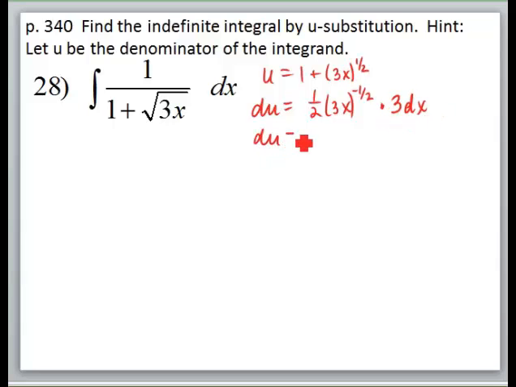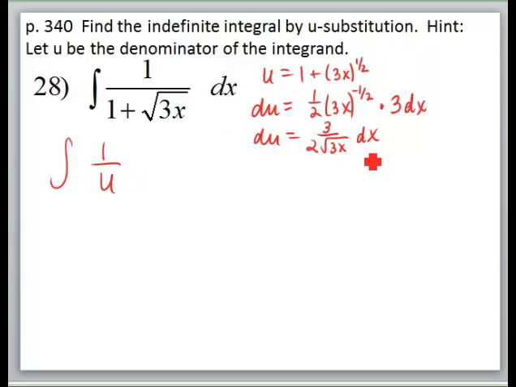So my du ends up being 3 on the top, this is on the bottom, and then this is all on the bottom like this, dx. Okay, we're going to have to mess around with this a little bit. What I'm going to do is, I've got 1 over u, and all I need is the dx.